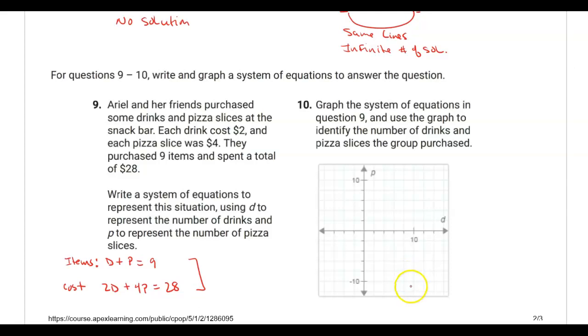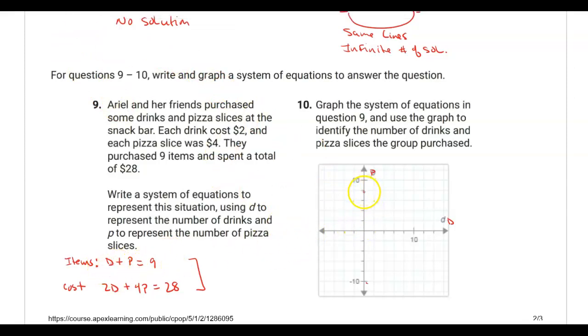Now, if we had to graph this, right? This is your D, this is your P. Let's just find 2 ordered pairs. If I said D was 0, right? If I had 0 drinks, then how many pizza slices would I have? I would have to have 9.